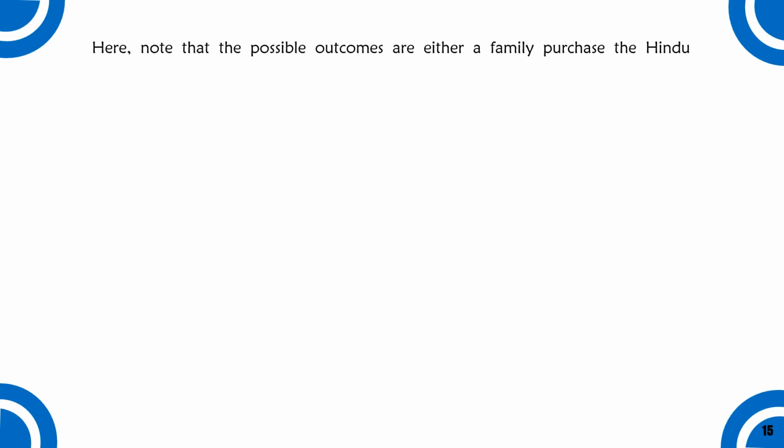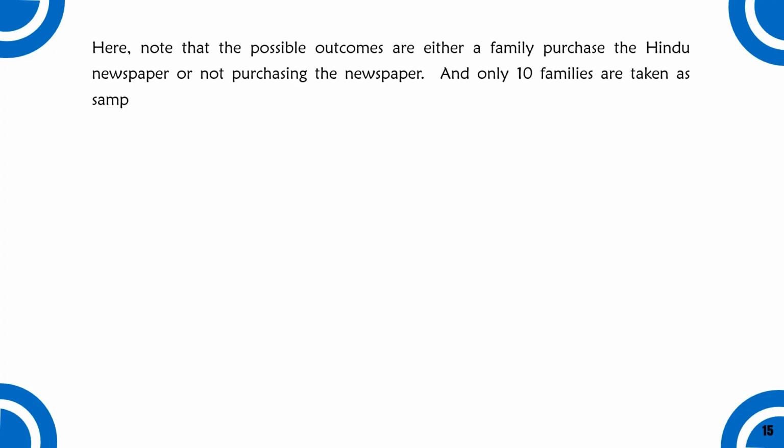Here, note that the possible outcomes are either a family purchasing the Hindu paper or not purchasing the newspaper, and only 10 families are taken as a sample, that is the sample size is n equal to 10.